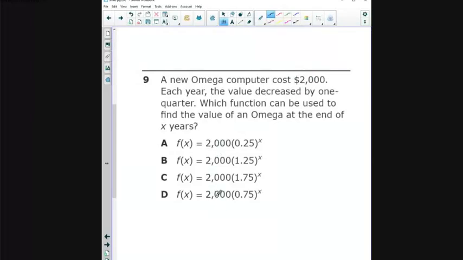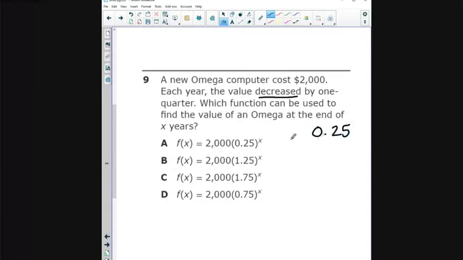And is this a growth or is it a decay? It is a decay because it says decreased by 1/4. So you need to know what 1/4 means. If you have a quarter, that's 0.25.